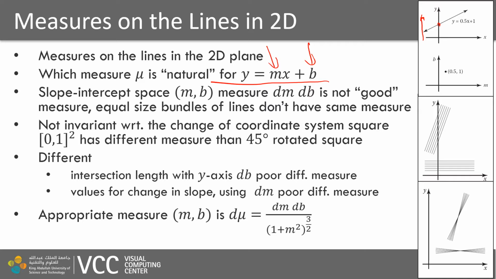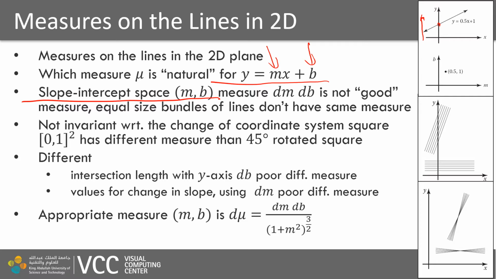And the m value is actually the slope. So this is a slope. We can define a slope-intercept space, MB, through which we can define all the lines.